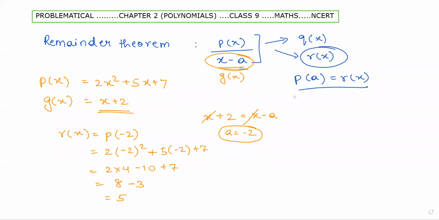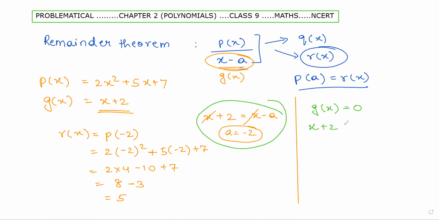Now, instead of comparing, as we did over here, where we equated g of x with x minus a, we can also equate g of x with 0. If you equate g of x with 0, x plus 2 equals 0, which means x equals minus 2, which means p of minus 2.